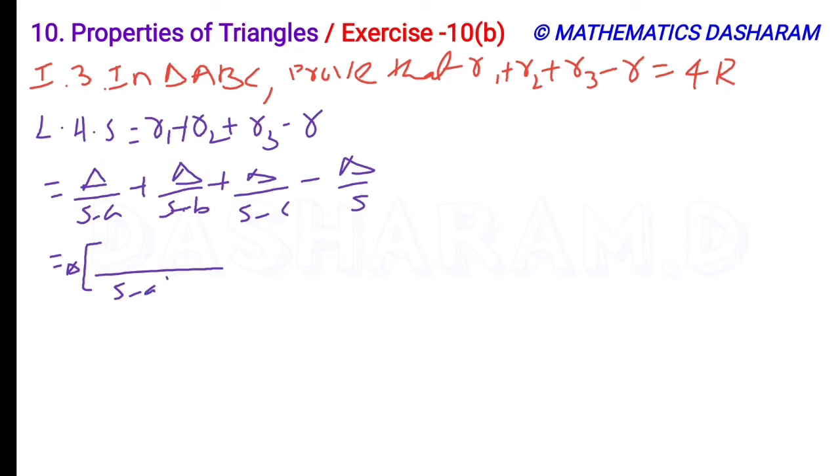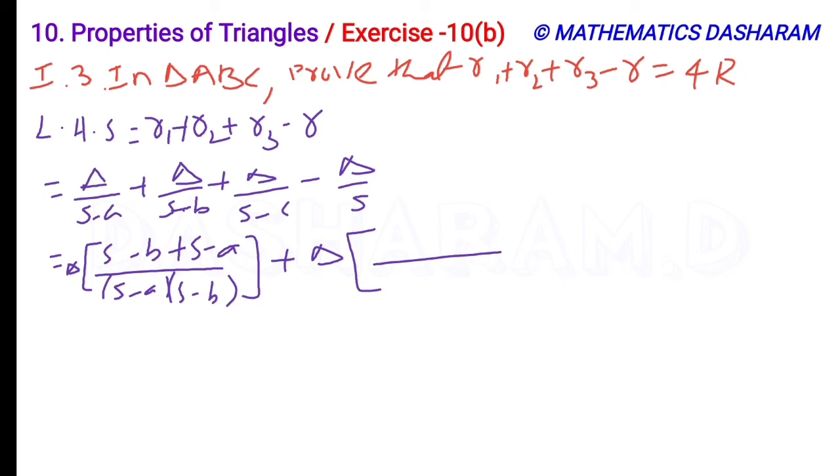So (S minus A) into (S minus B), so then (S minus B) plus (S minus A), and from the remaining two take the delta common and at the same time the LCM of the denominators.